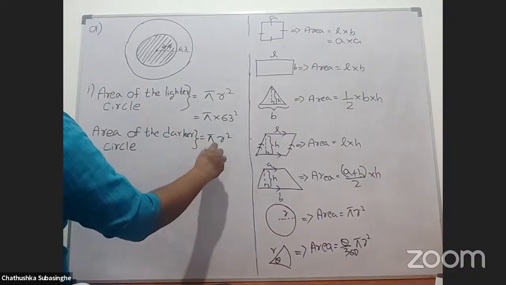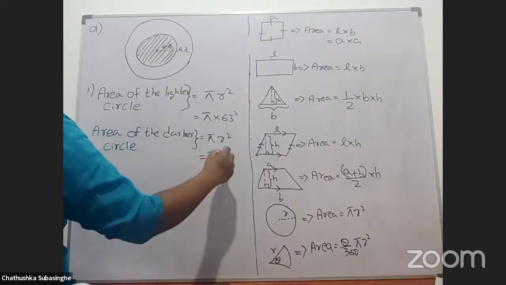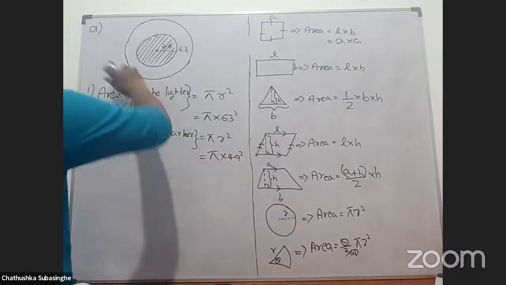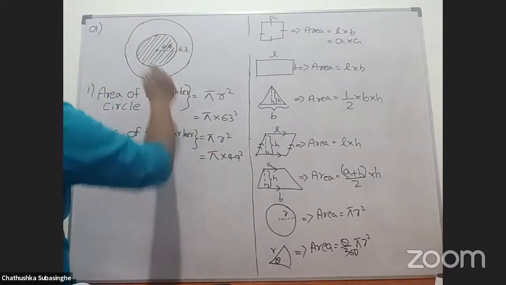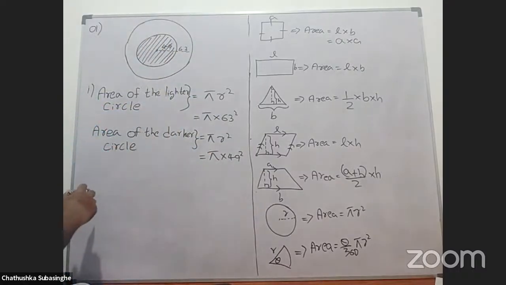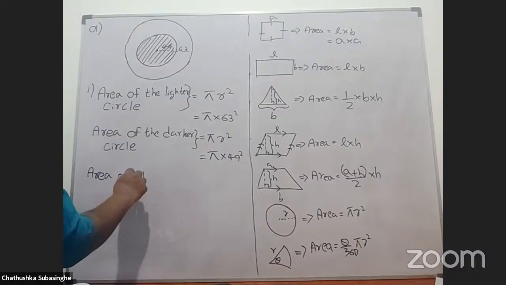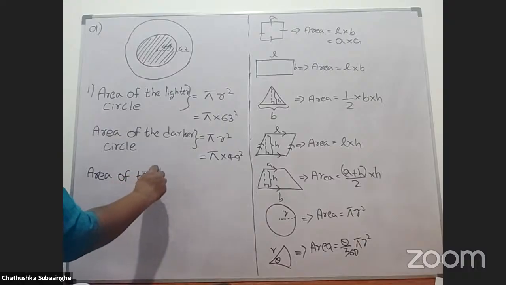Again, I can write it as pi times 49 squared. Now this is the area of this big circle. This is the area of this small part. Now I can find the area of the lighter part.